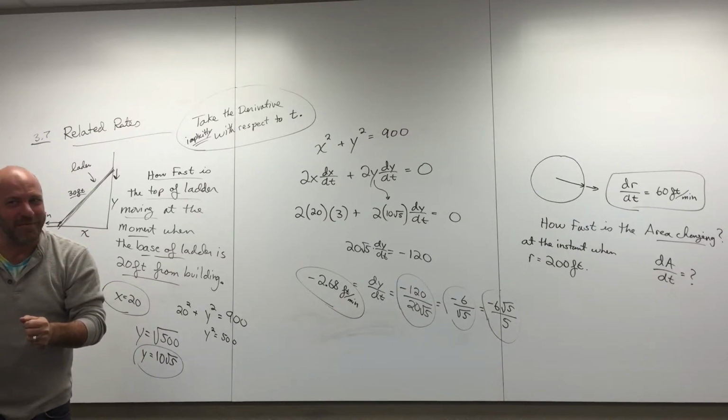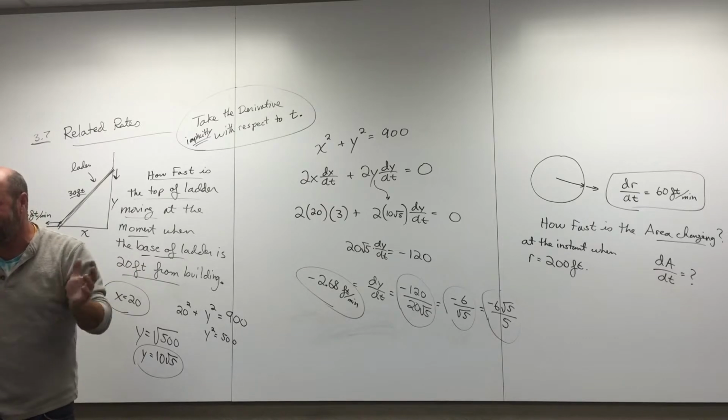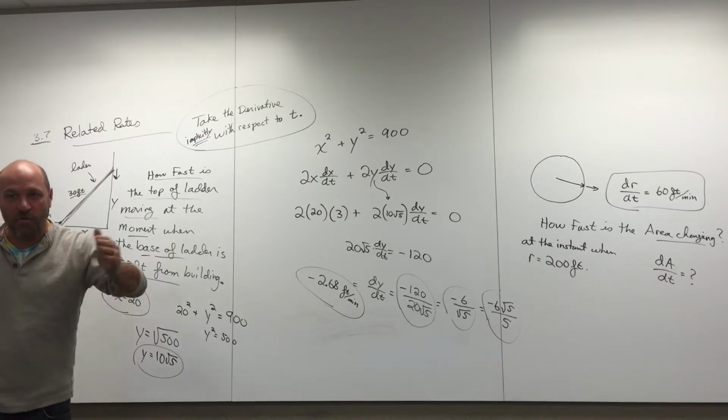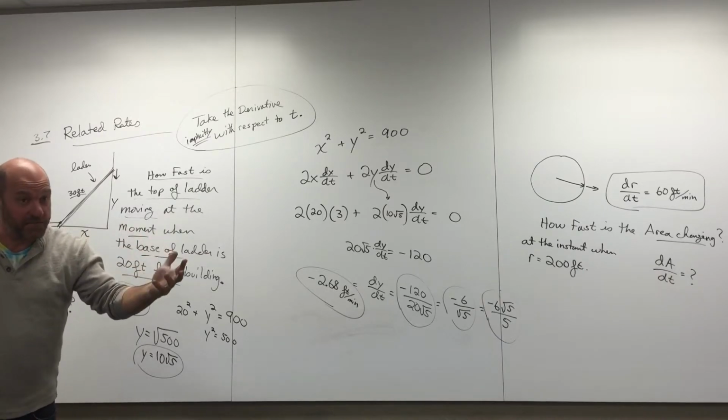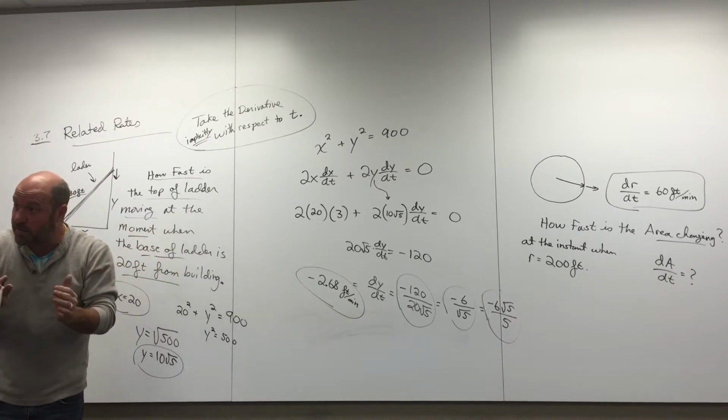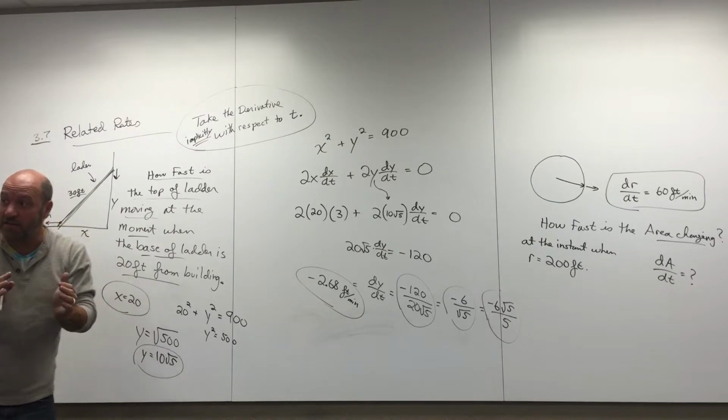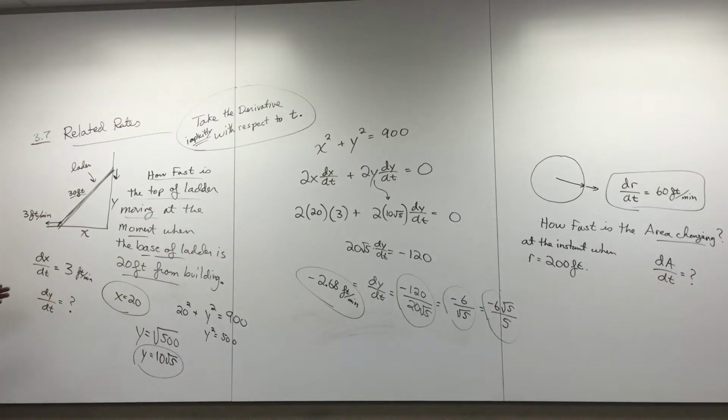It really isn't always about left and right or up and down. Are you with me on that? When the variable is growing, that's a positive rate of change. When the variable is shrinking or decreasing, that's a negative rate of change. So this was a positive 3 because x was growing. We were growing x here.